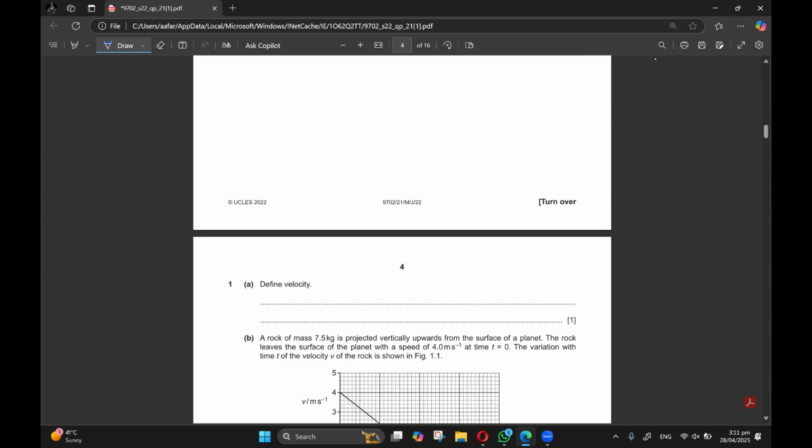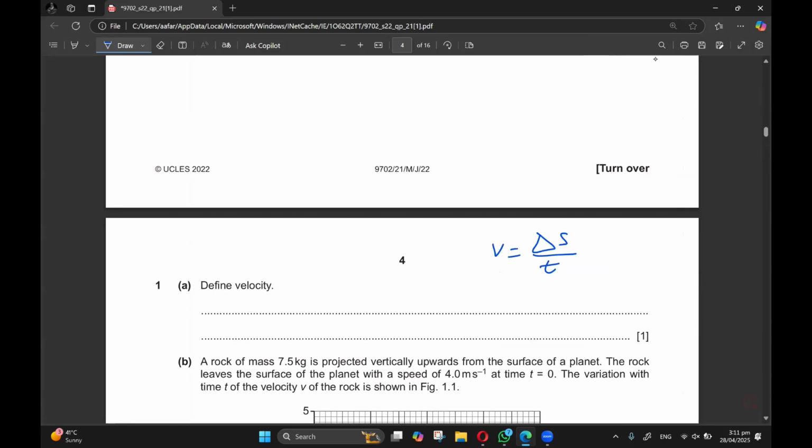We know that velocity is displacement over time. So from here, you can say that velocity is basically the rate of change of displacement. You can derive all the definitions using formulas, especially those which have time in it. Basically they have a similar definition.